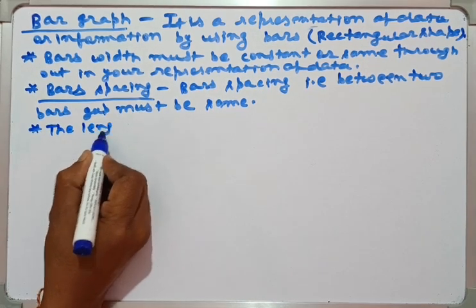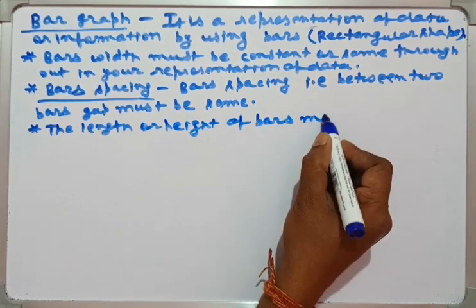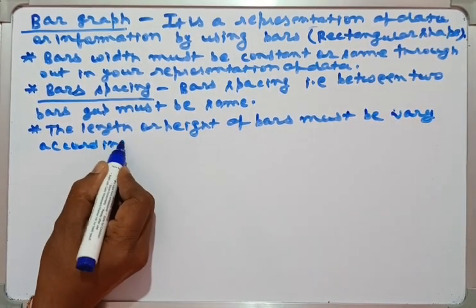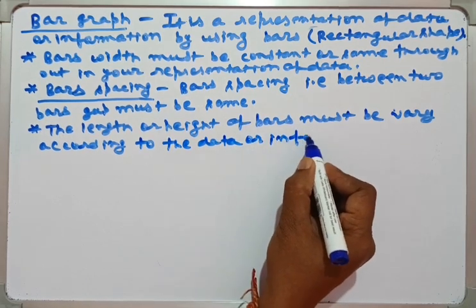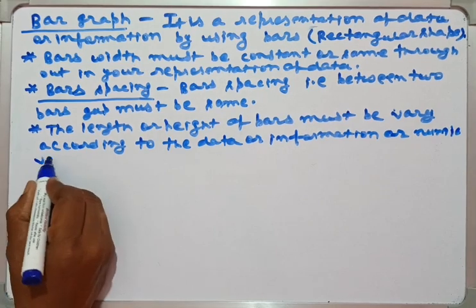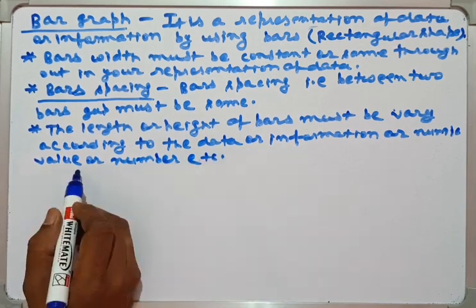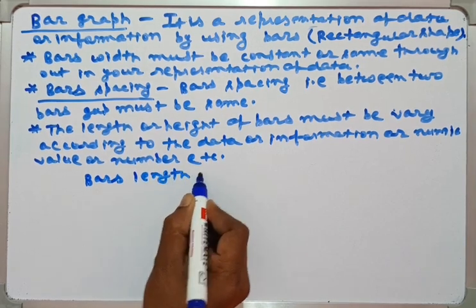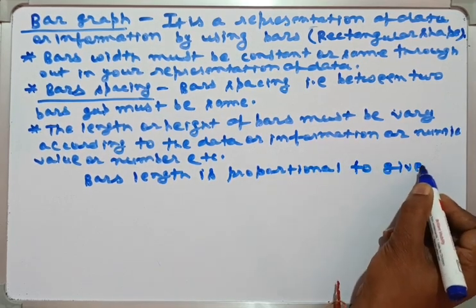Okay, third point is the length or height of bars must vary according to the data or information or numeric value or number, etc. So you can also say one thing: bar's length is proportional to the given data.